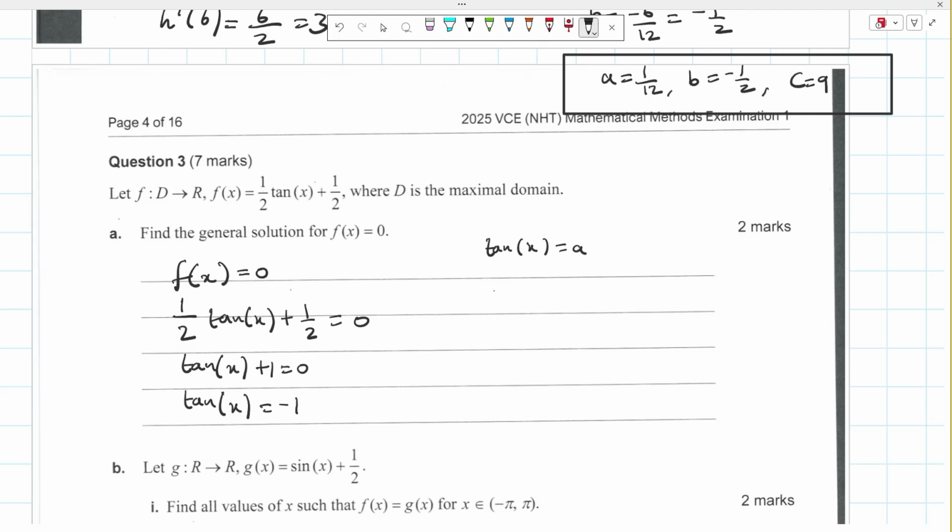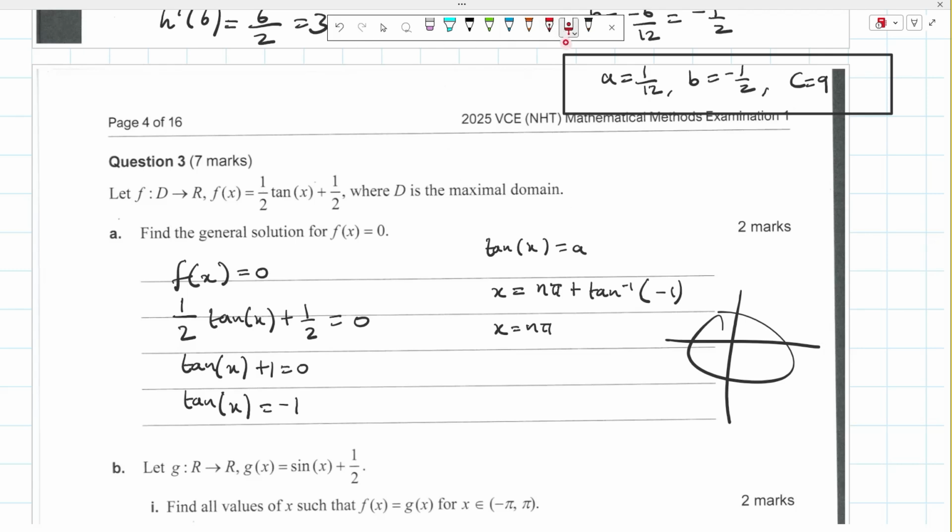Right, so we get x is equal to n pi plus tan inverse of negative 1. Right, now tan inverse of negative 1, you just have to think what angle makes tan become negative 1? Well, that's going to be negative pi on 4.